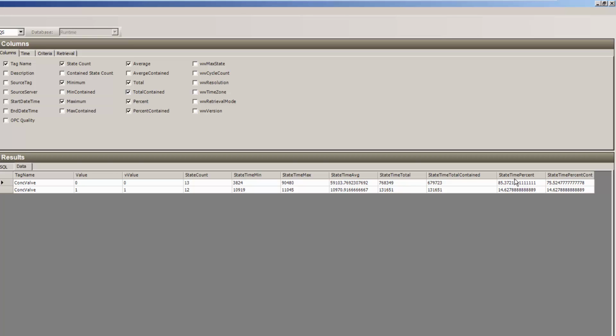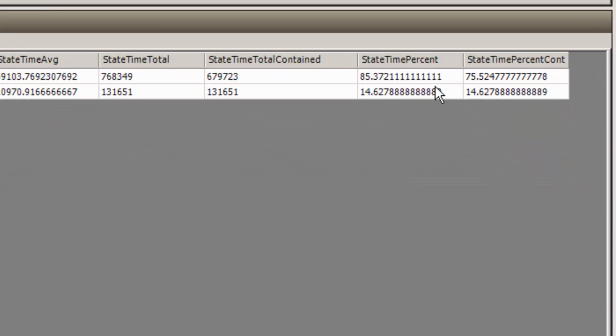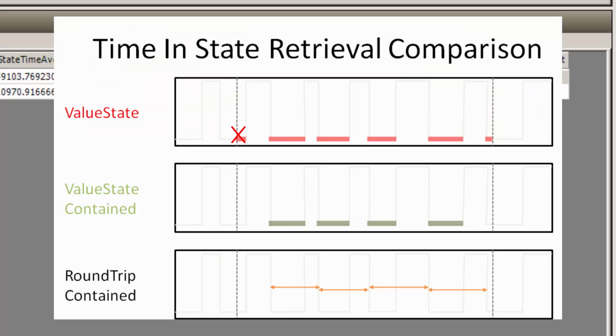The next column is state time percent. This tells me the percentage of time it was off, percentage of time it was on. Now, if we look at that same information, if it were contained, all that off information was disregarded towards the beginning of my 2:30 and towards the end of the 2:45 mark.